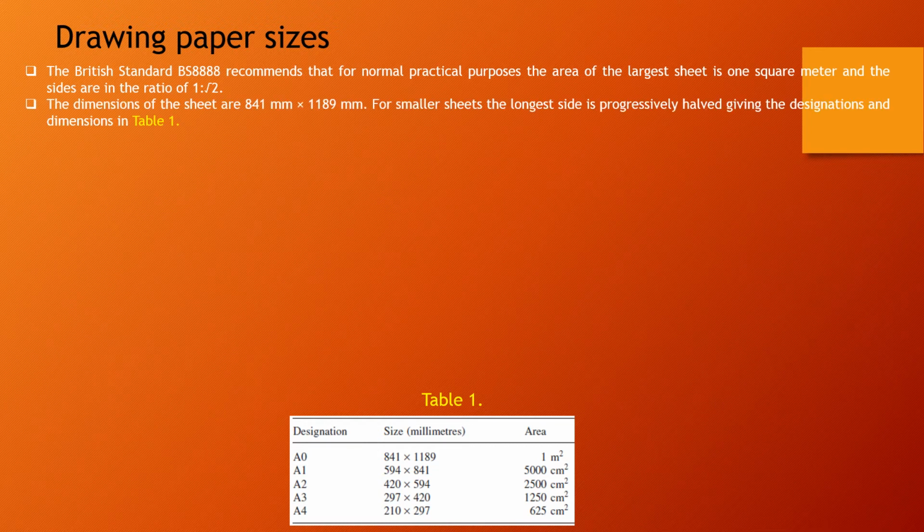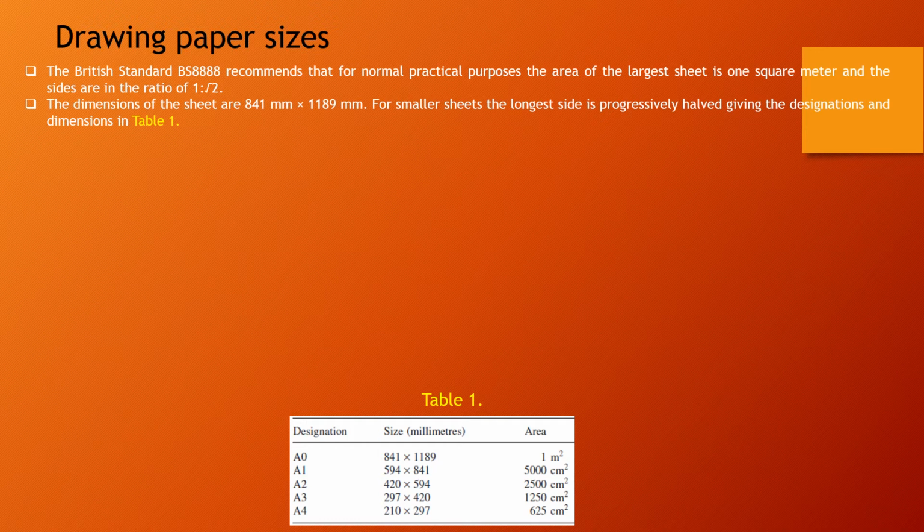The dimensions of the sheet are 841 millimeters by 1189 millimeters. Okay, that is the A0 size of the paper. That area is 1 square meter.